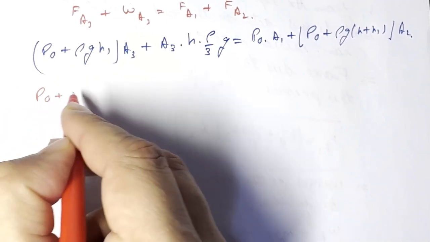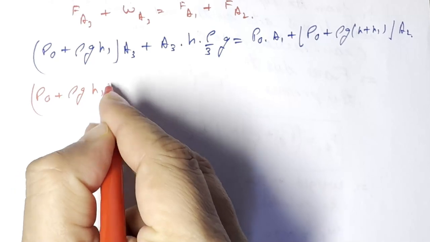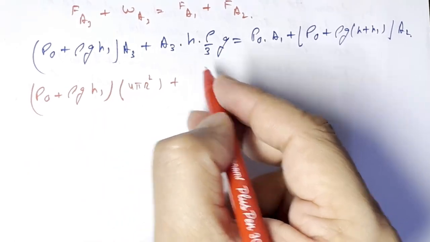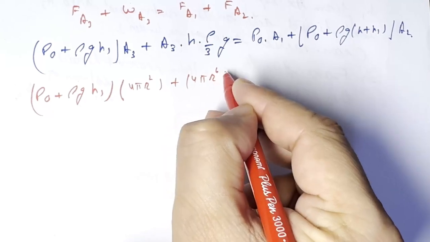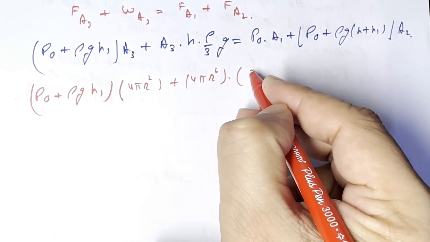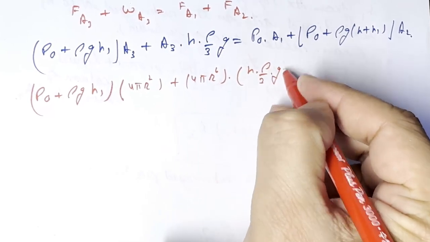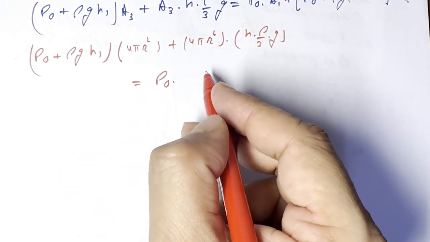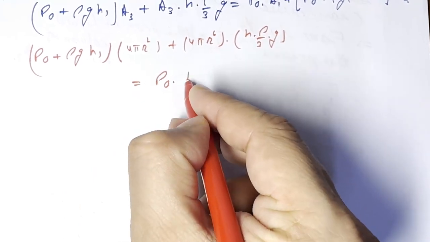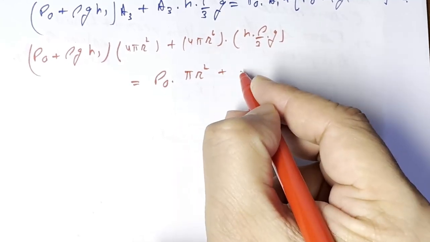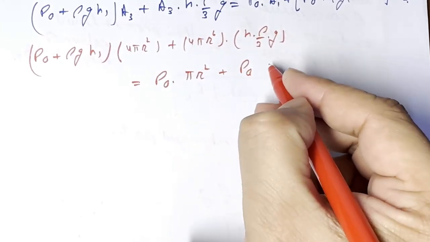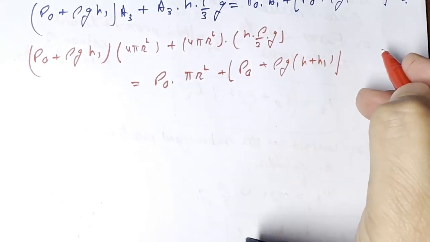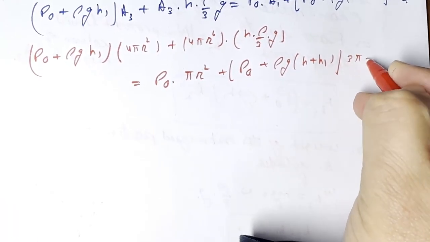We get PA plus rho g H1, and A3 was our 4 pi r square, and here also 4 pi r square, multiplied by H rho by 3 g. This is equal to PA multiplied by A1, and A1 is our pi r square, plus PA, and we have here rho g (H plus H1) multiplied by A2, and A2 was our 3 pi r square.